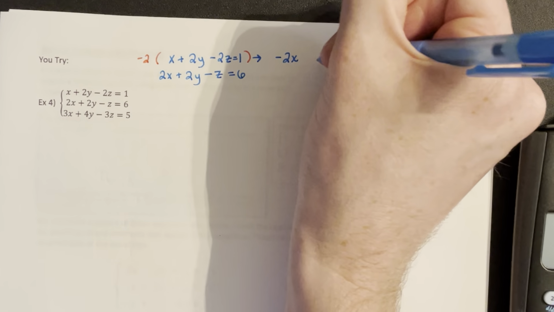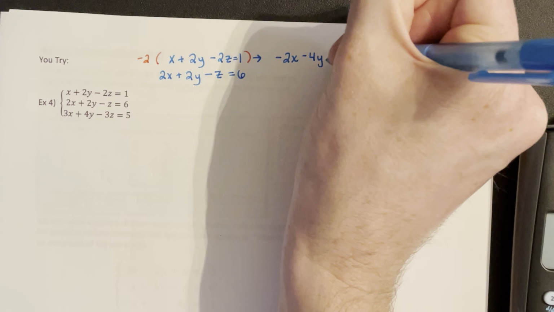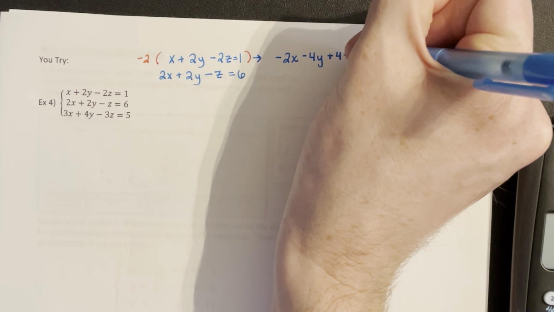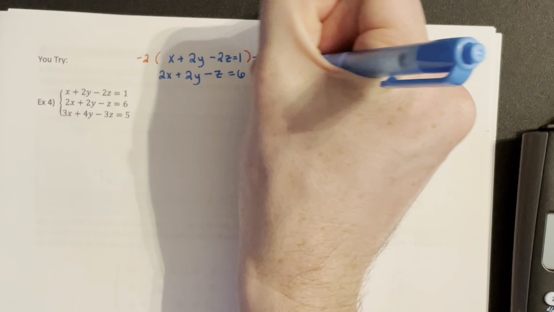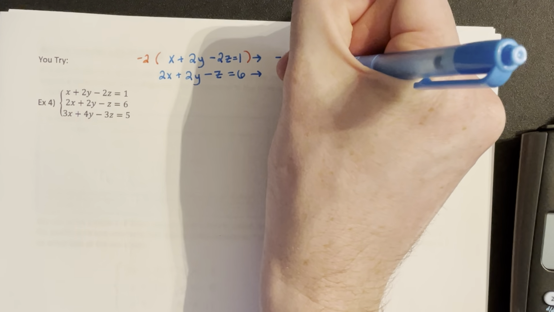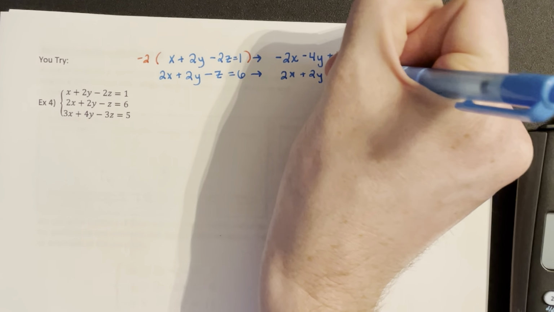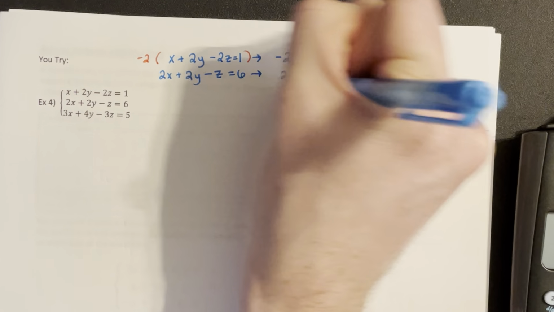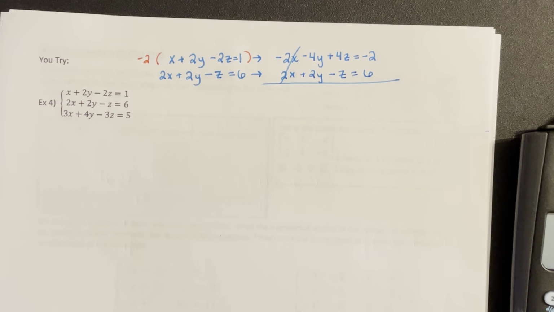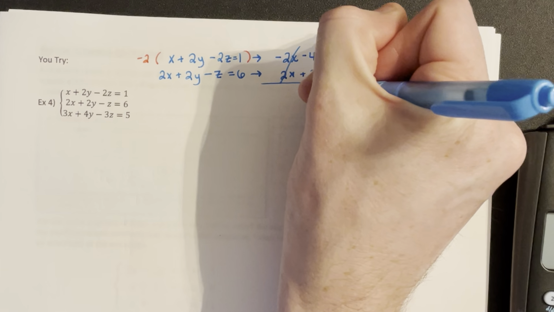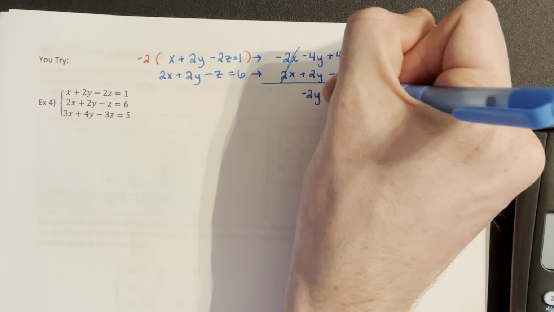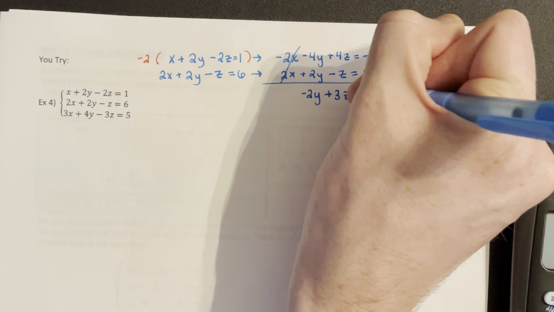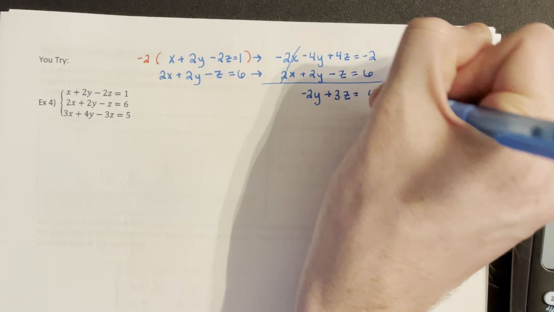That gives me -2x, a -4y, a positive 4z equal to -2. Bottom one stays the same, so 2x plus 2y minus z equals 6. When you add straight down, you see your x's cancel out to give you a -2y and a positive 3z equal 4.